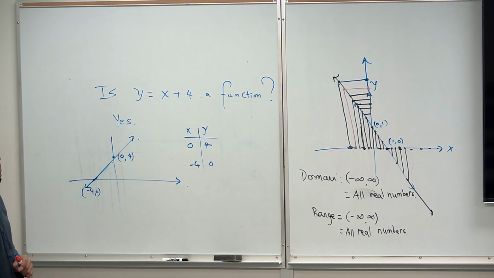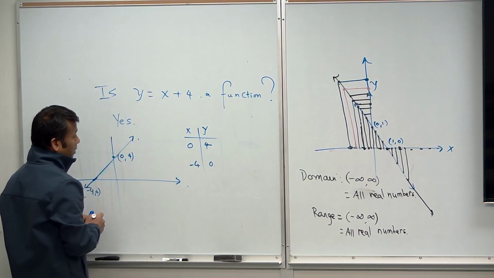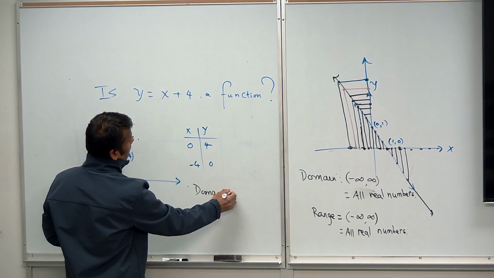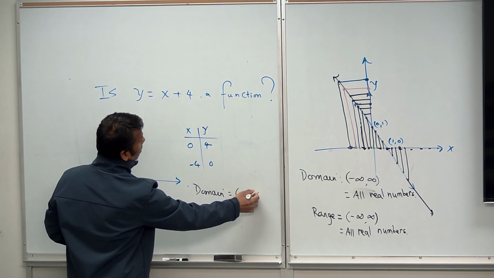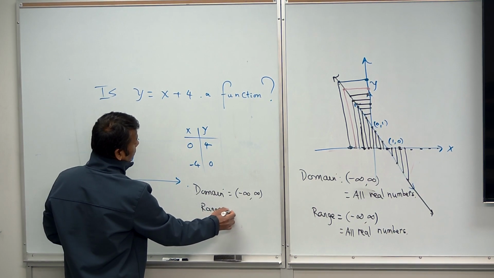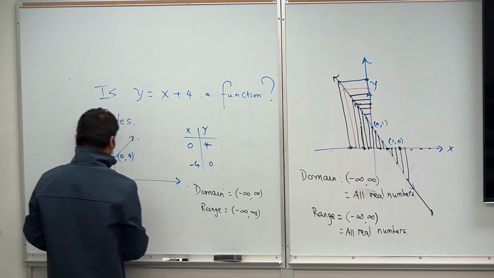Are you guys with me? For this function, y equal to x plus 4, the domain is -∞, positive infinity, and the range is also what? -∞, positive infinity.